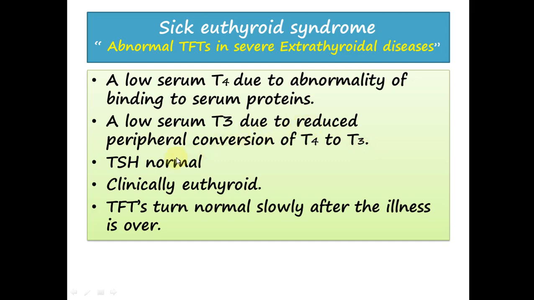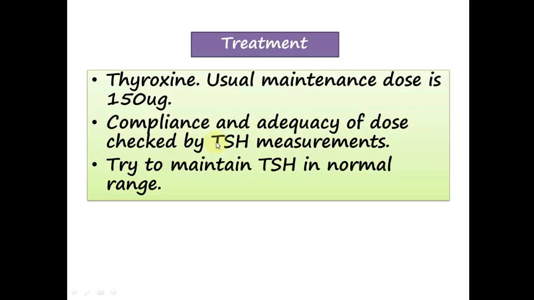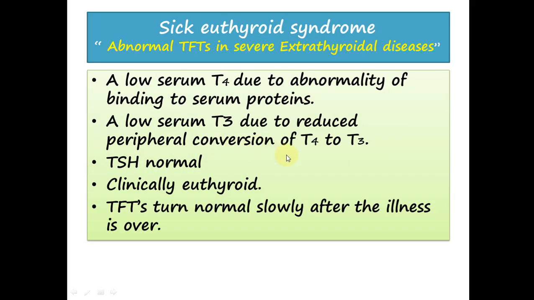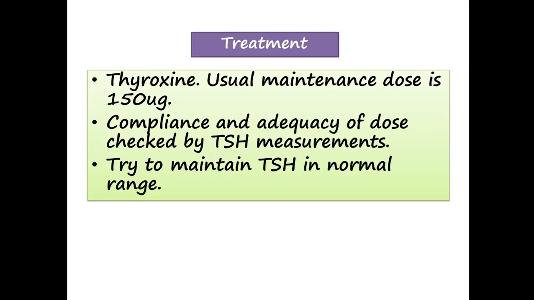In sick euthyroid syndrome, the TSH is normal, and clinically the patient doesn't suffer from any thyroid related symptoms, and when the extrathyroidal illness is over, the thyroid function test after some time returns to normal. So in severe extrathyroidal diseases, the abnormal thyroid function test should not be considered to be due to some problem in the thyroid gland.